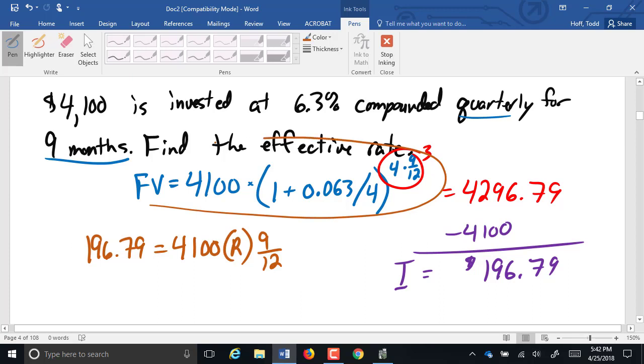This one up here? Did you put 4 times 9/12 or did you put 3? When you do that 4 times 9/12, you got to put it in parentheses. And it still didn't come out?